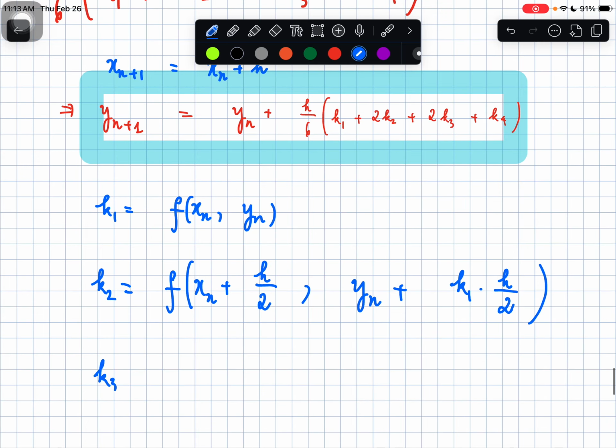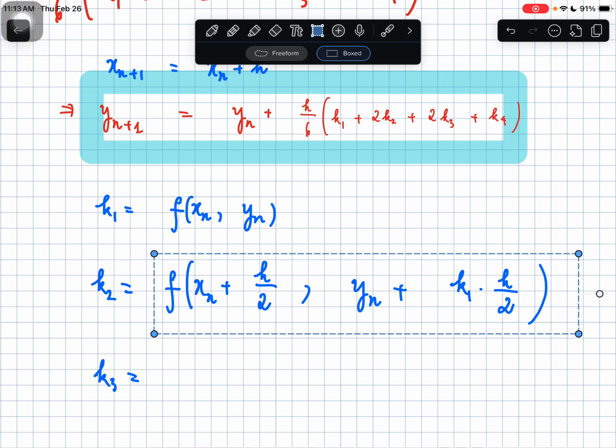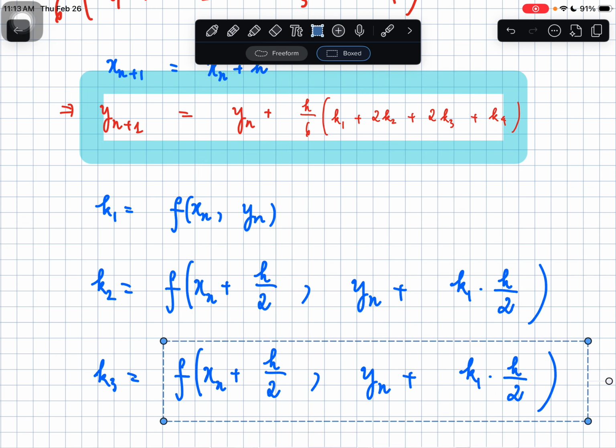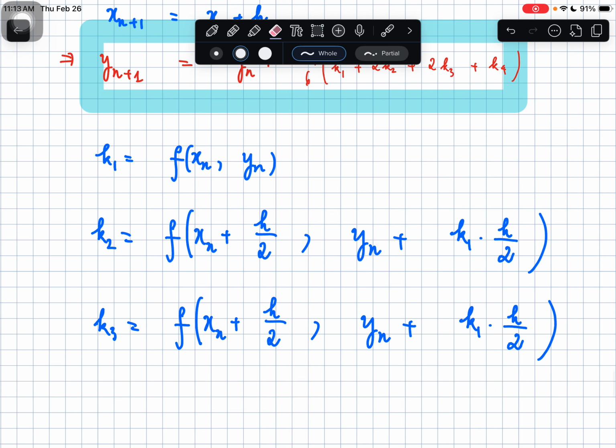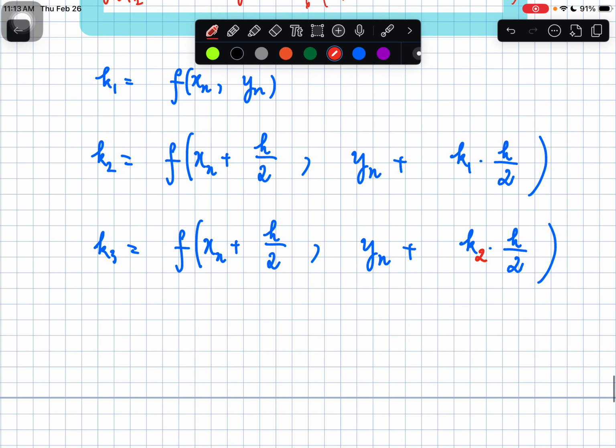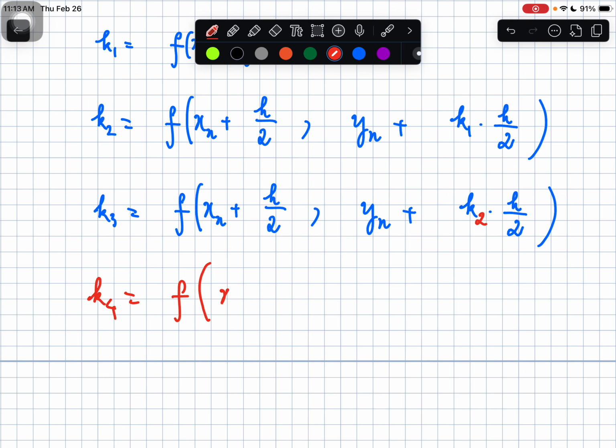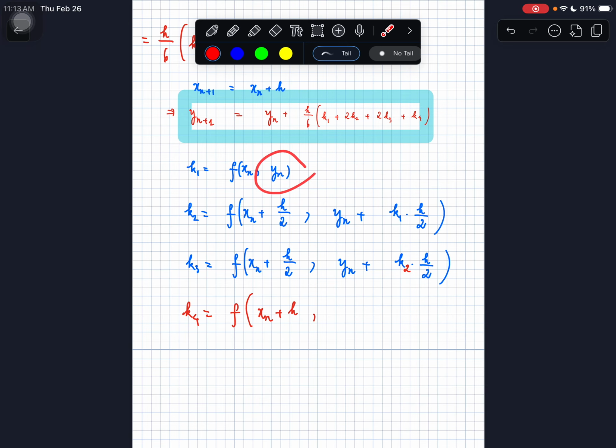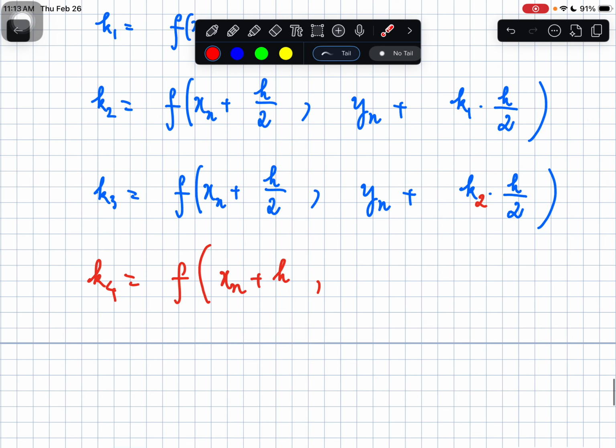K3 will be exactly the same thing as here, but instead of slope k1, use slope k2. And the last term, k4, is a full step, f xn plus h, so xn plus h and yn full step, remember that. So multiply by h, and the slope we use here is k3, the most recent one.